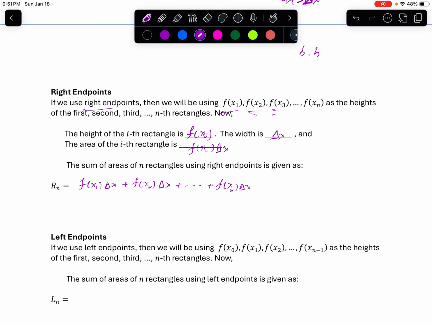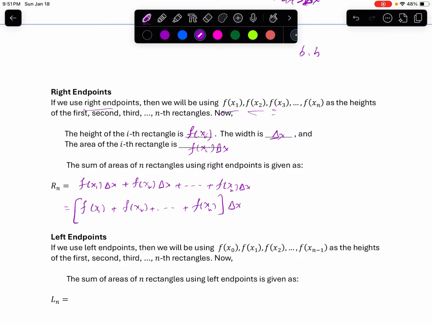Now I can even factor out the delta x, and I'm left with f of x1 plus f of x2 plus dot dot dot plus f of xn, in brackets, times delta x. This is going to be the sum of the areas of the rectangles.